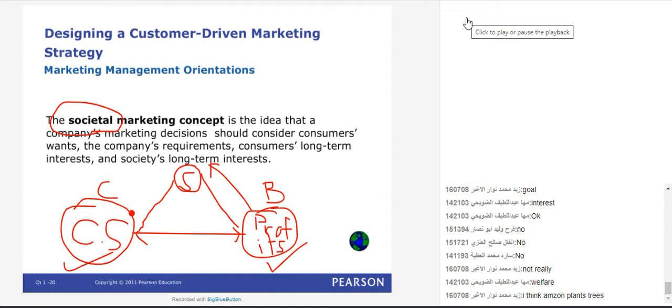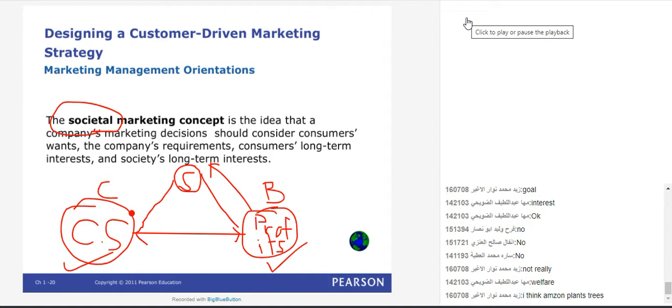Did you hear about the John West company for tuna? John West is a famous company for making tuna cans. They are not fishing tuna in certain seasons for the welfare of the society. They don't do overfishing of tuna. Have you heard about this?